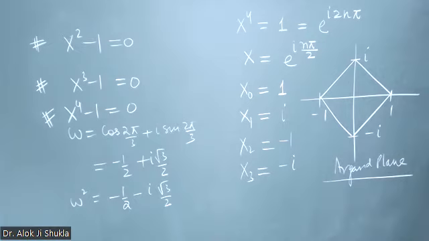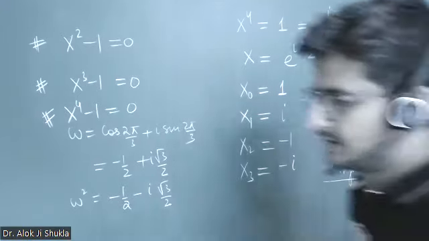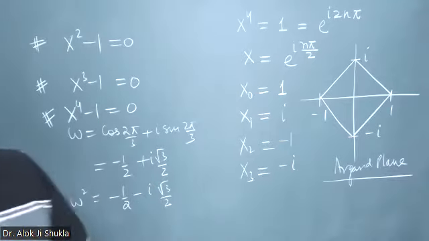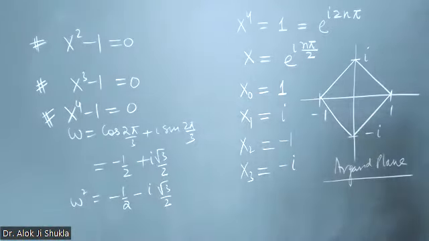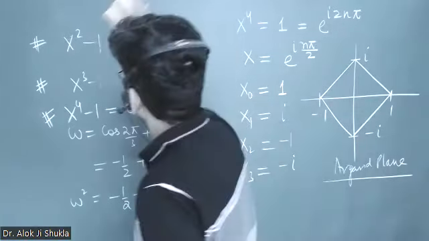Please off your mic. Now tell me, we can handle all types of things now using these basic concepts about 1, minus 1, iota, minus iota. I will erase all this.